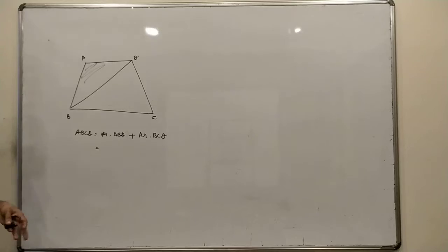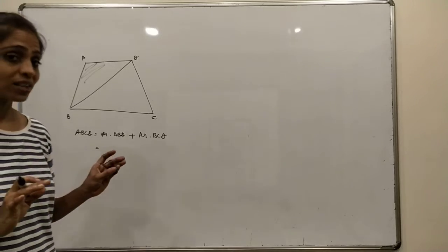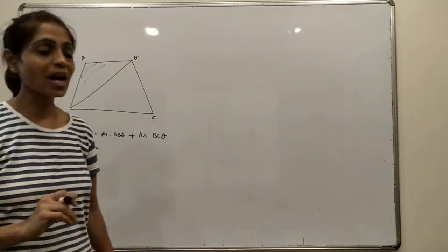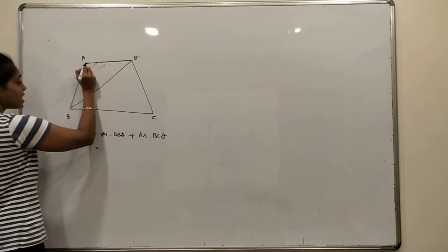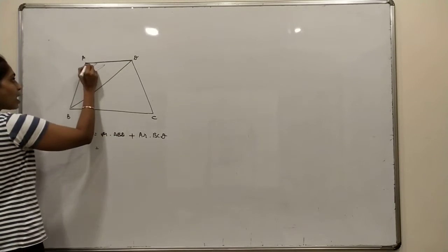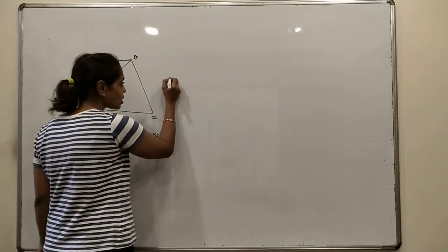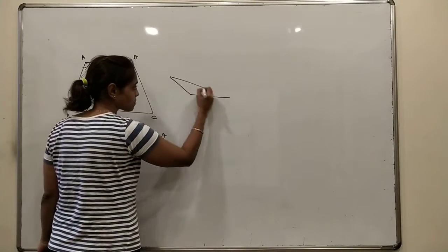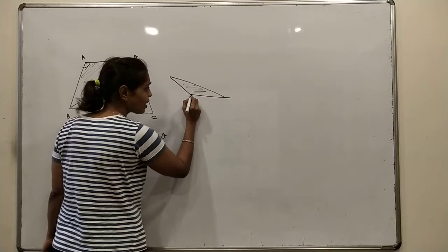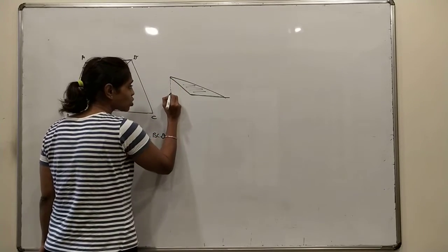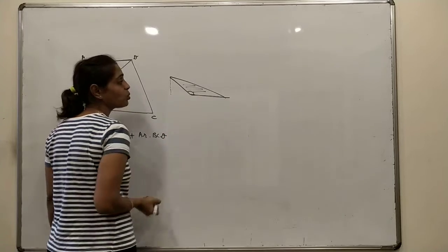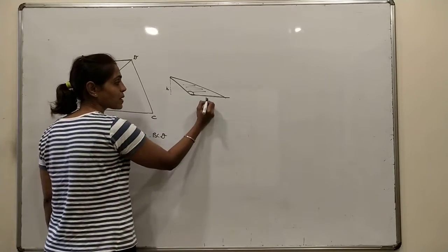And for triangle area, I know only one formula, that is 1/2 of base into height. For this triangle, if I consider AD as base, and this angle is obtuse, then the height from the opposite vertex goes outside, because this angle is greater than 90. So this is called the height, and this is called the base.